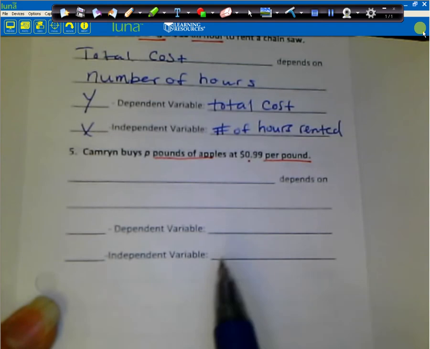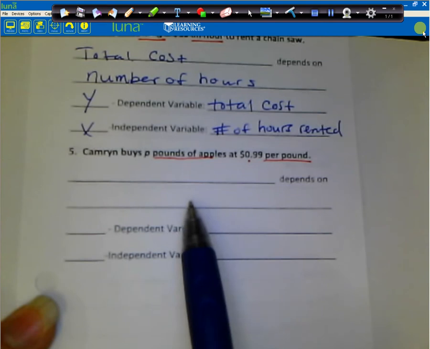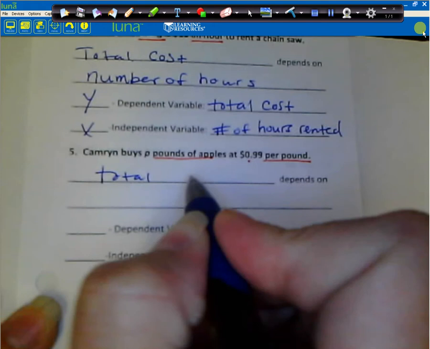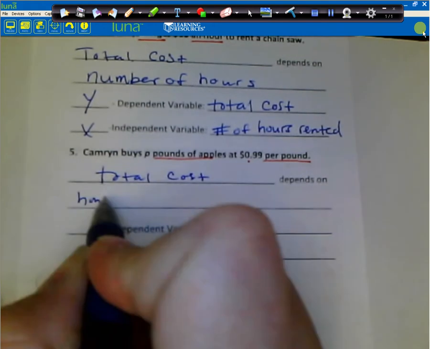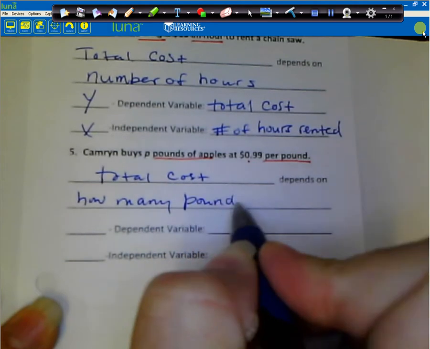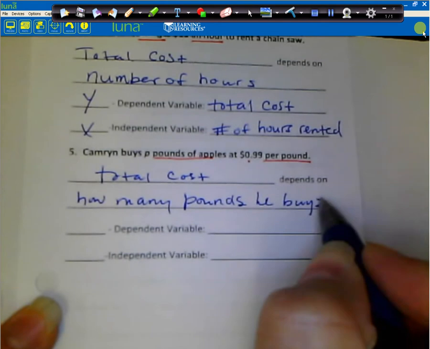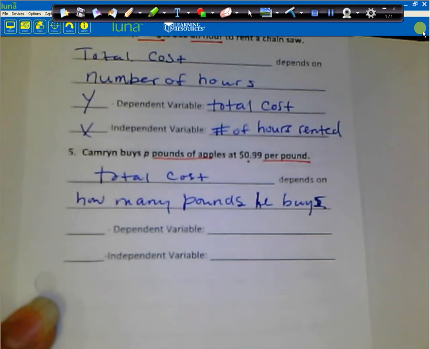The total cost of the apples here is going to depend on how many pounds of apples he bought. So, the total cost depends on how many pounds he buys.